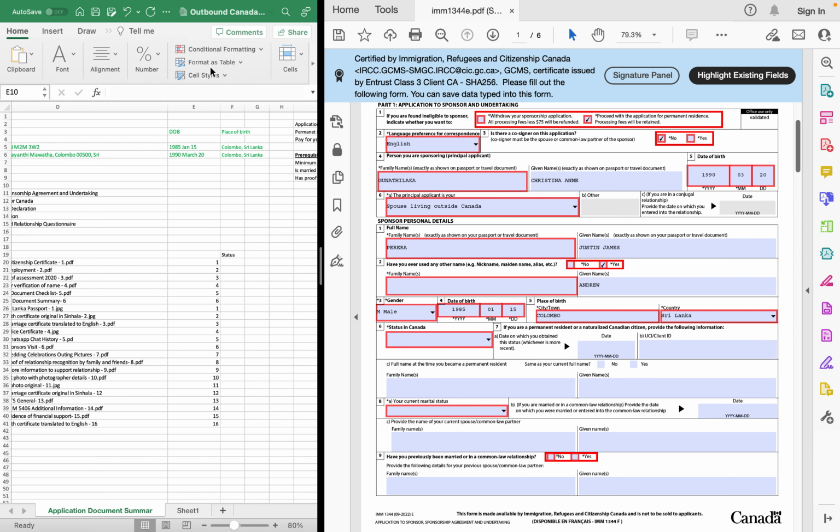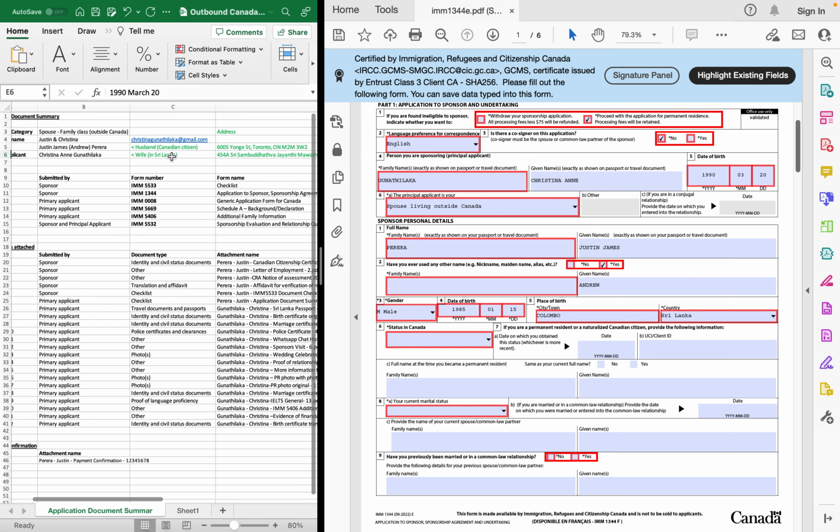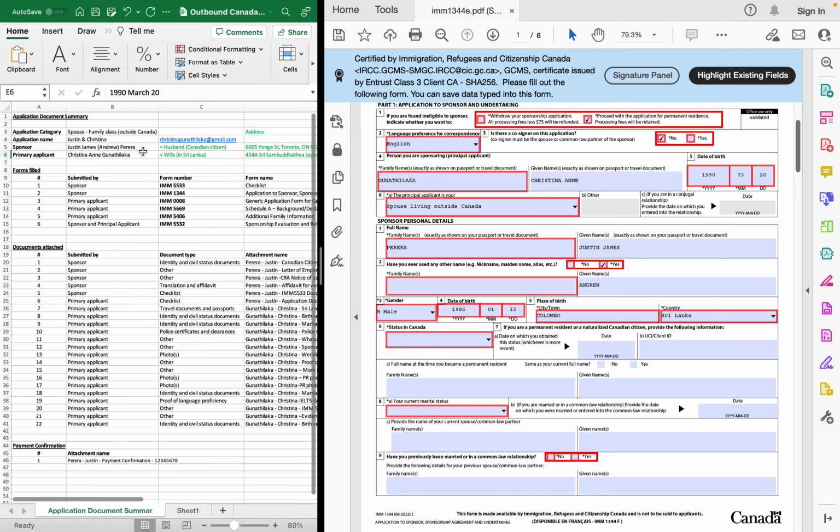Okay, I'm replicating my personal scenario, where the husband was also a Sri Lankan, and then the status in Canada. This person was born in Canada, but has citizenship in Canada. So such people are called naturalized Canadian citizens.